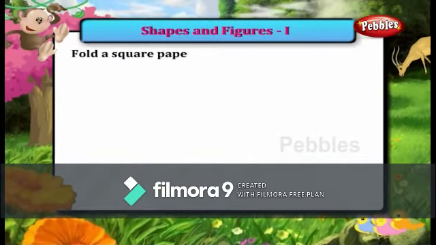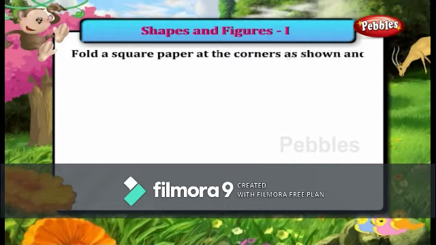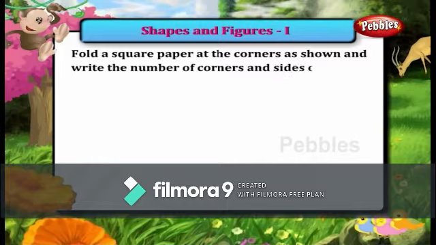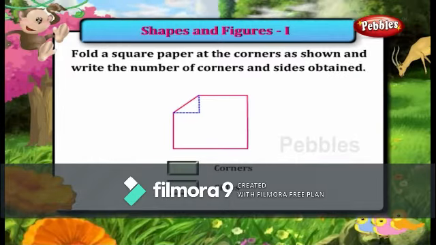Fold a square paper at the corners as shown and write the number of corners and sides obtained. In this figure, there are 5 corners and 5 sides.